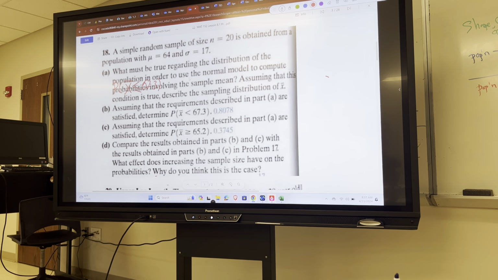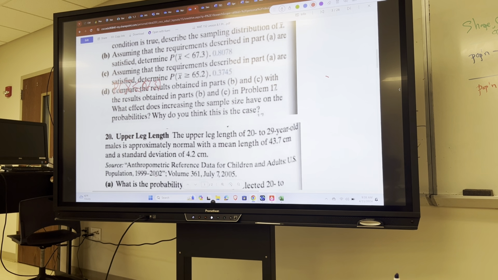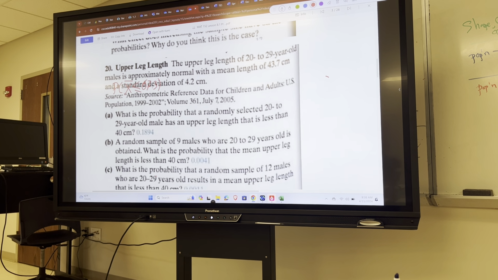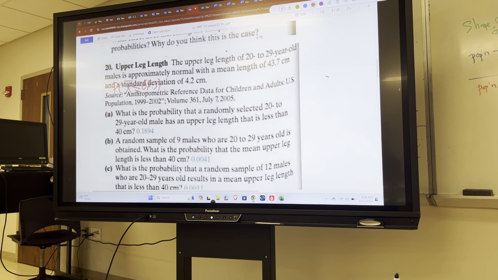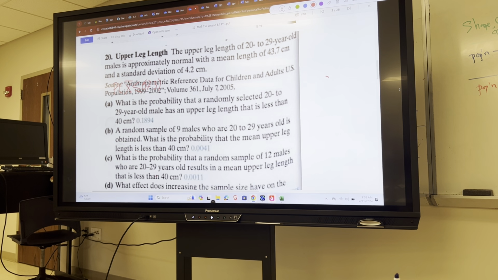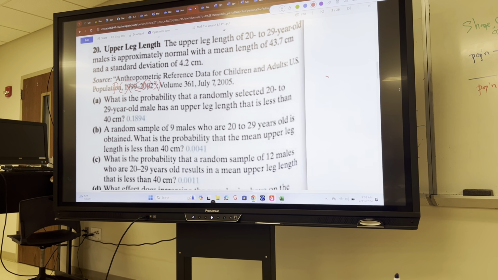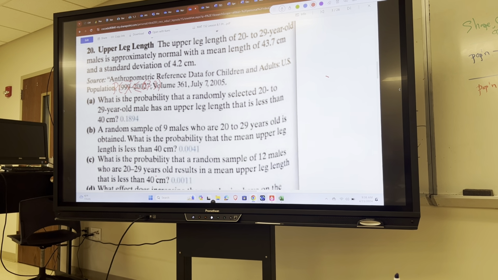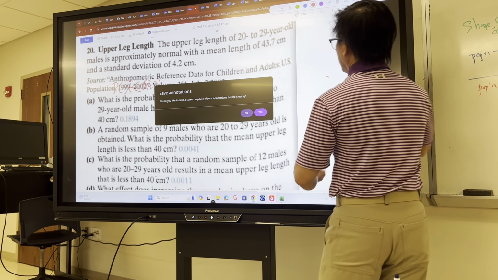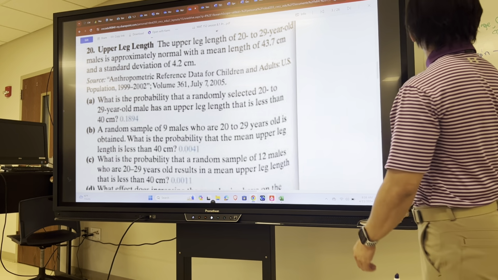What does it say next? Let's read this one, upper leg length.